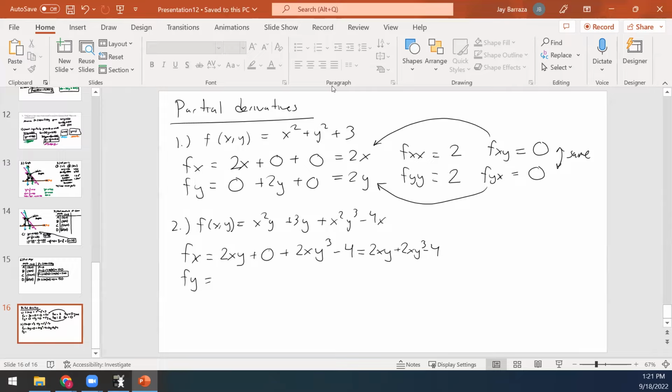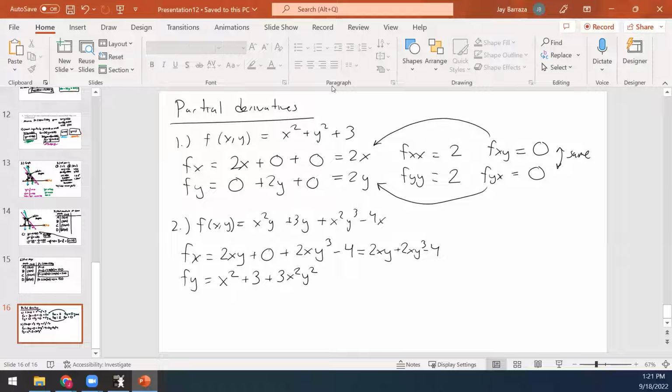Okay. Then you repeat the same thing for the y variable. So the derivative of x squared y is just x squared. The y becomes 1, just disappears. The derivative of 3y just becomes a positive 3. The derivative of x squared y cubed is going to be, you bring down the 3, you do not touch the x squared, it's just a number, and then you have y squared.